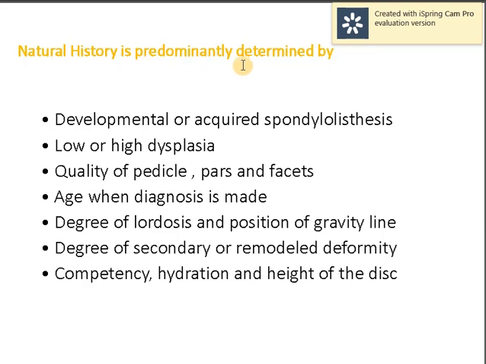The natural history is predominantly determined by developmental or acquired spondylolisthesis, low or high dysplasia, quality of the pedicle, the pars and the facets of the vertebra, the age when the diagnosis is made, degree of lordosis and position of the gravity line, degree of secondary or remodeling deformity, competency, hydration and height of the disc.